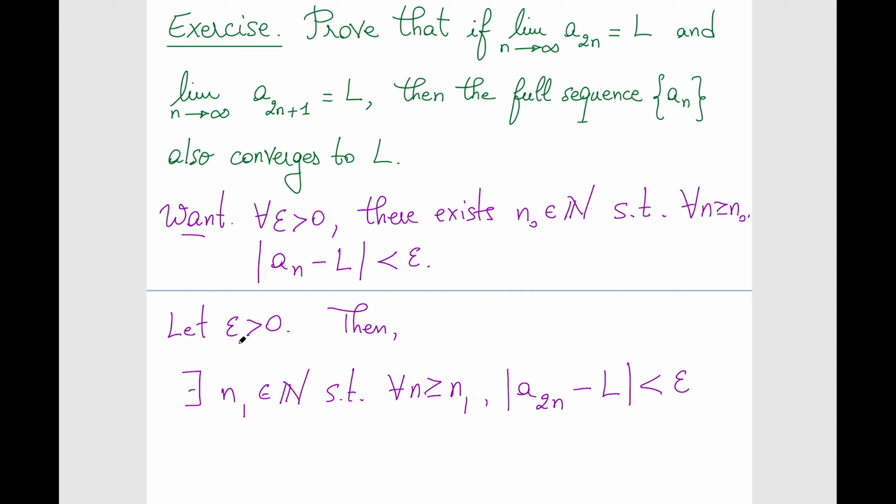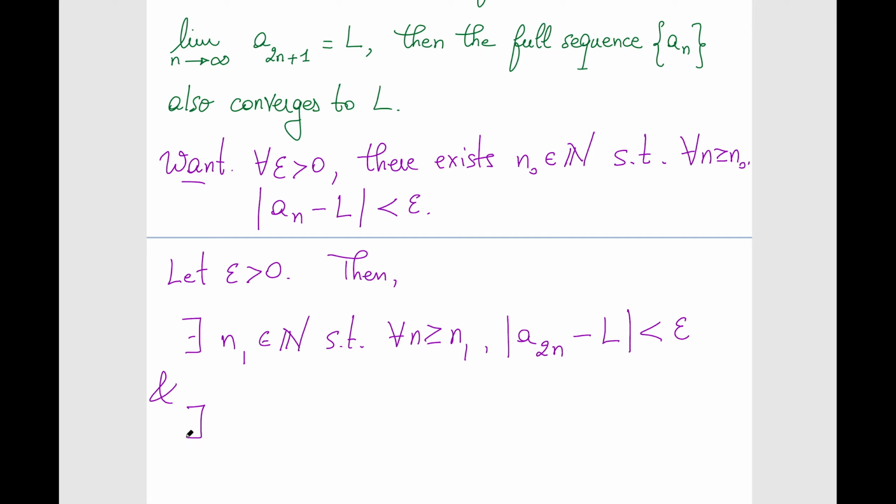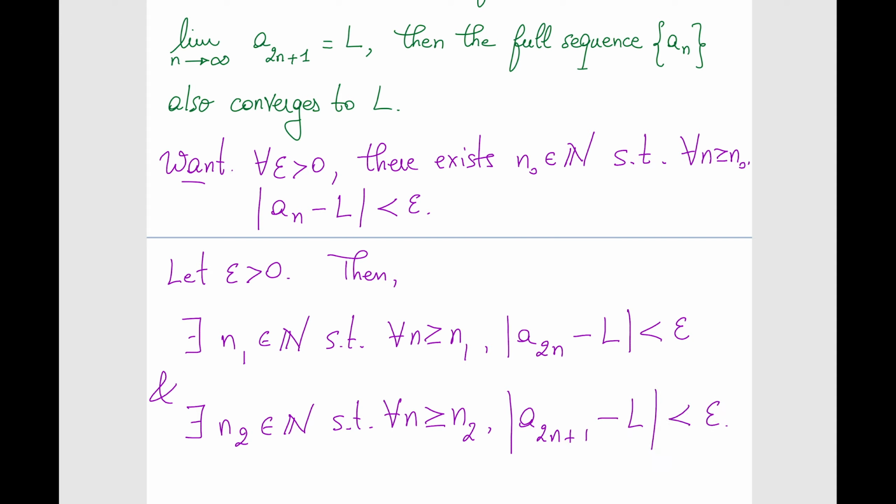Moreover, for that very same epsilon, we also know that the sequence whose terms are odd ranked is also no more than epsilon units away from L, starting from a certain rank. So there exists another rank, maybe n2, such that from this rank on, |a_(2n+1) - L| is at most epsilon.